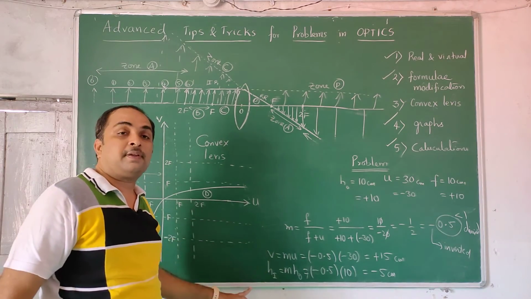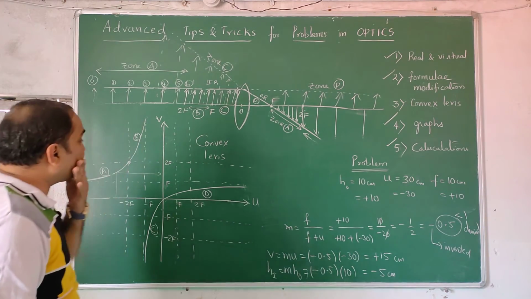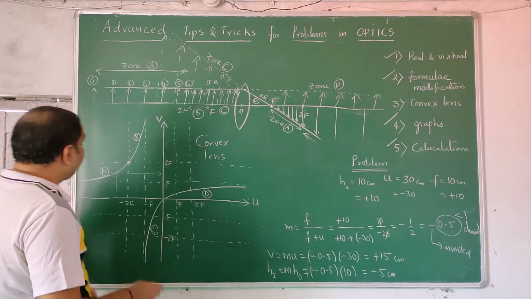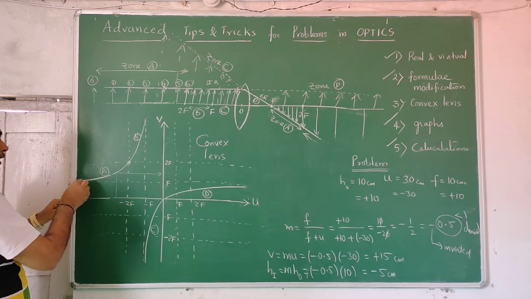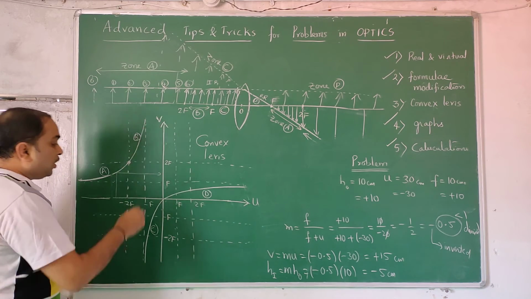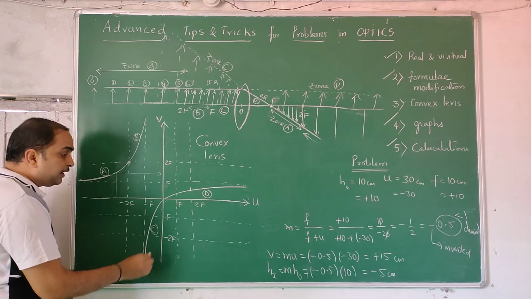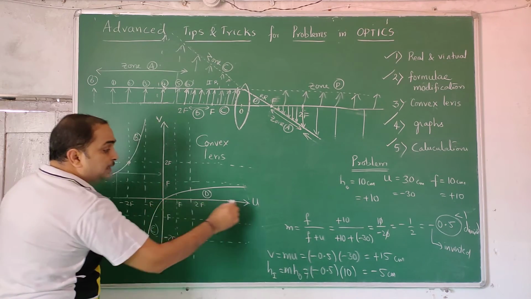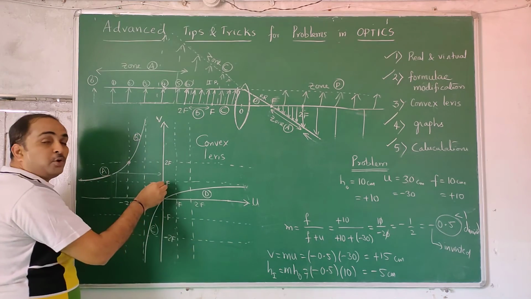I told you this is calculation wise, it will be easy. Some specific points are there, again I am telling here. Those points you have to see the graph and tell. Object at negative infinity, image at focus; object at focus, image at infinity; object at pole, image at pole or optic center; object at plus infinity, image is at plus focus.